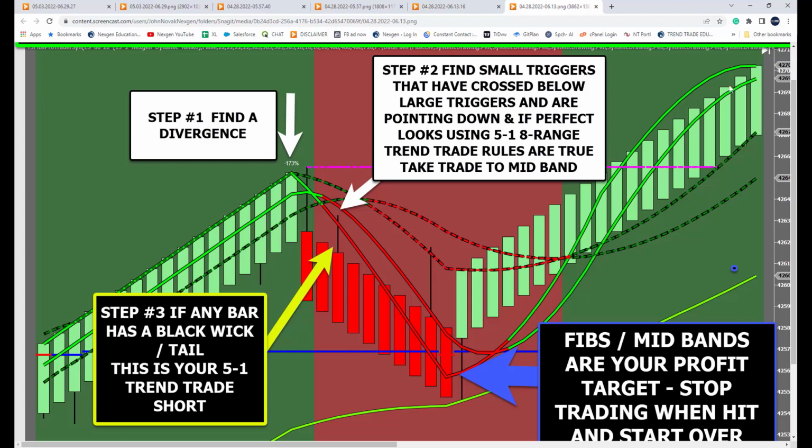So you get the best of both worlds. So only if you have divergence with weak triggers, and the small triggers roll over, and you get a pullback, and the 5-1 chart agrees, then you can go short to the mid-band and fibs. And then if the mid-band and fibs hold, you can get long and get the rest of your money.